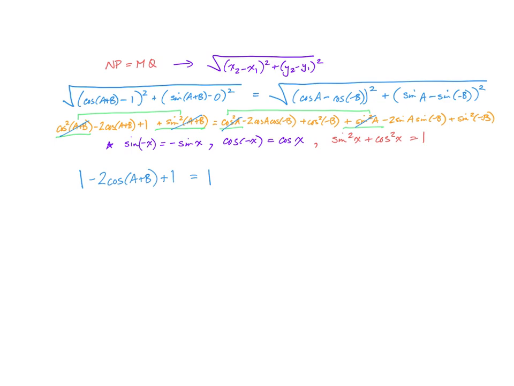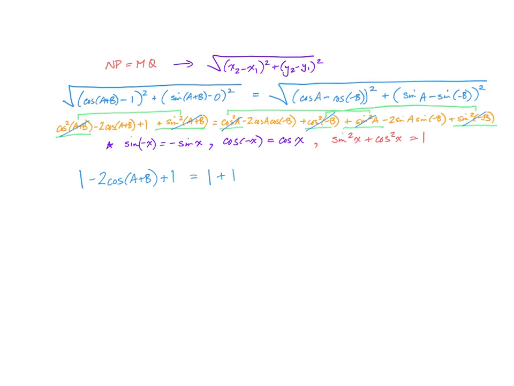But that wasn't the only instance. Notice I have a cos squared negative b. And if I scan all the way down to the end, I have a positive sine squared negative b. So I've got another cos squared plus sine squared of the same angle. I have another 1. So I can add those in.